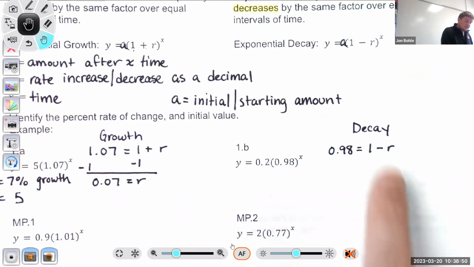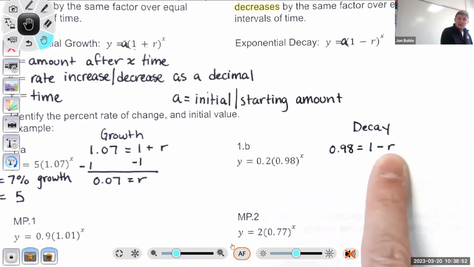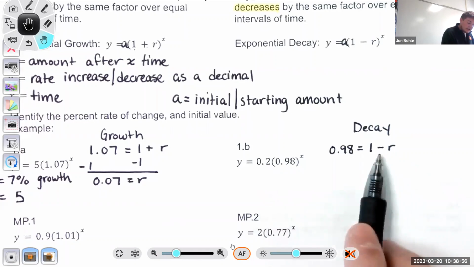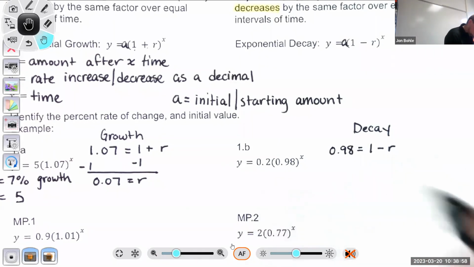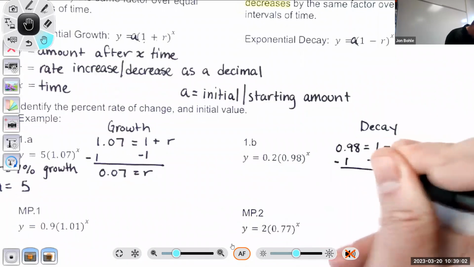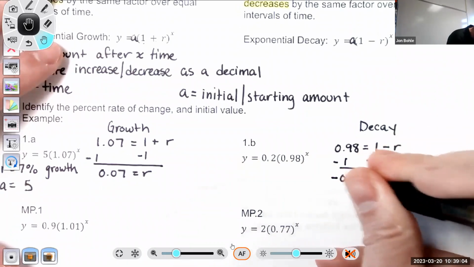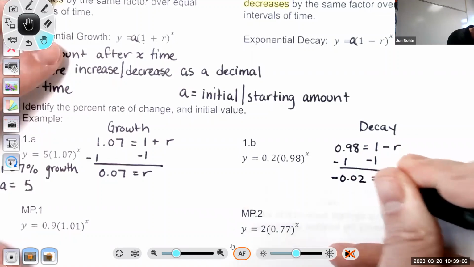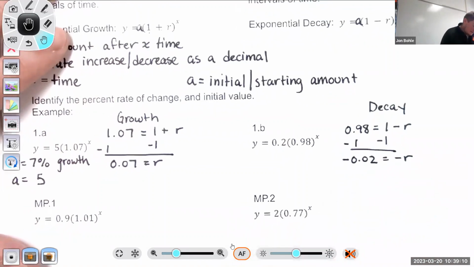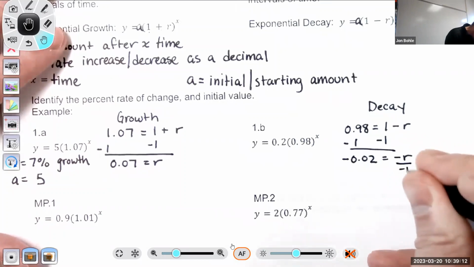No, I'm not going to add 1 because the minus is attached to the R. Yeah, the minus sign's with the R. So now I have negative 0.02 is equal to negative R. And then I would divide by -1.